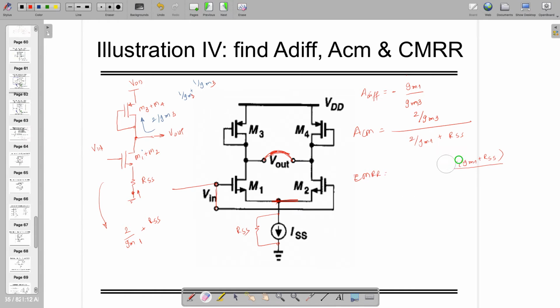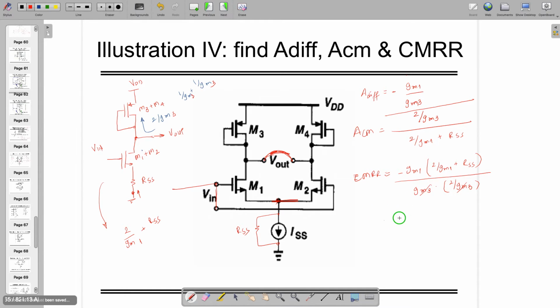I hope I have not made any mistake, or so the ratio of these two. Yeah, so that was correct actually. And is gm1 times 2 by gm1 plus RSS divided by gm3 times 2 by gm3.